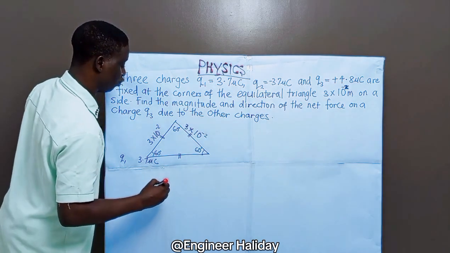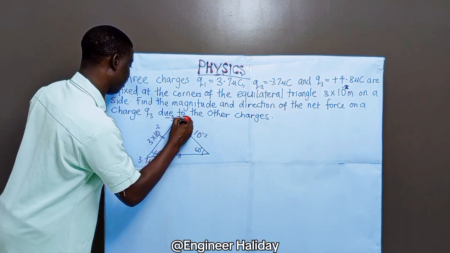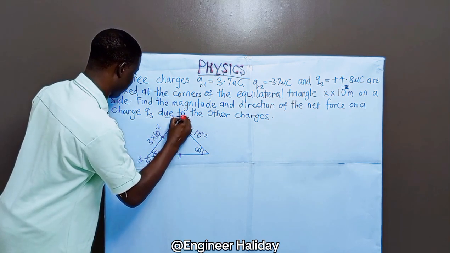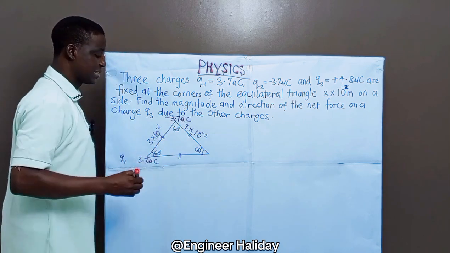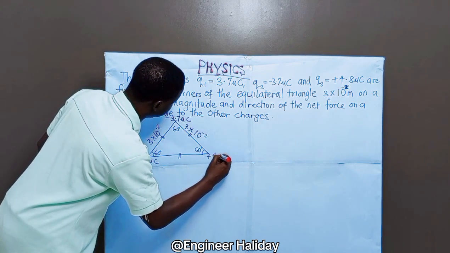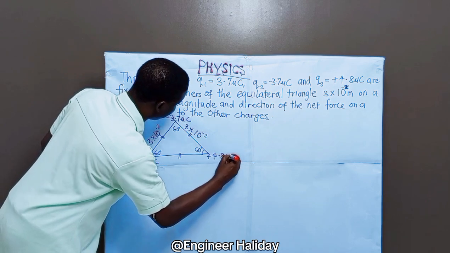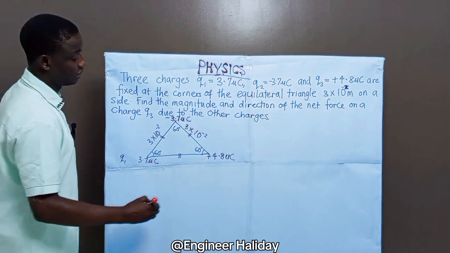Let's place Q2 here, minus 3.7 microcoulombs. Let's say our Q3 is plus 4.8 microcoulombs. Now this is Q3.